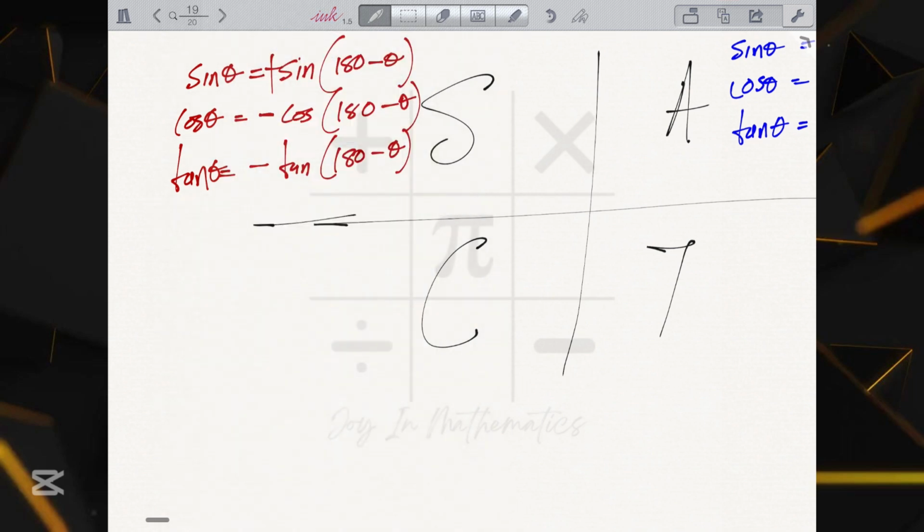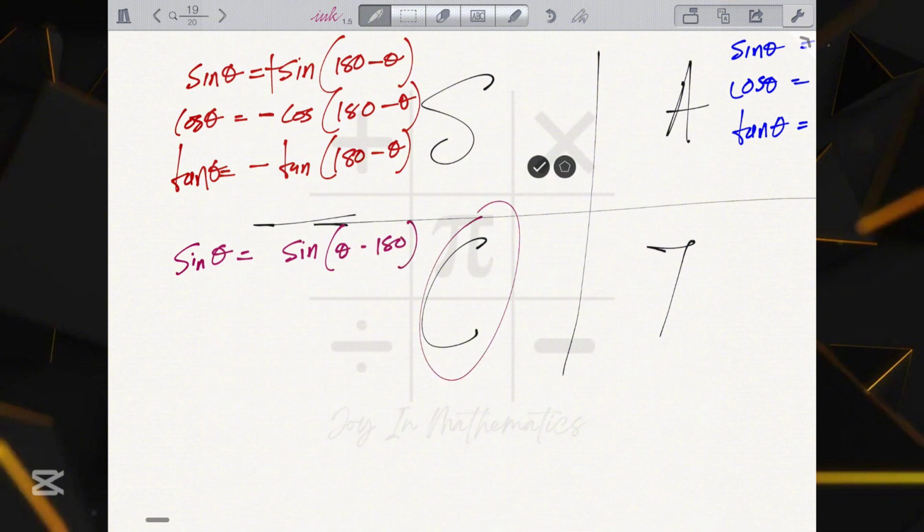Similarly, for the third quadrant, let's start with sine. Sine theta is equal to sine of the relative acute angle in the third quadrant, which is theta minus 180, and only cos is positive in this case, so this is negative.